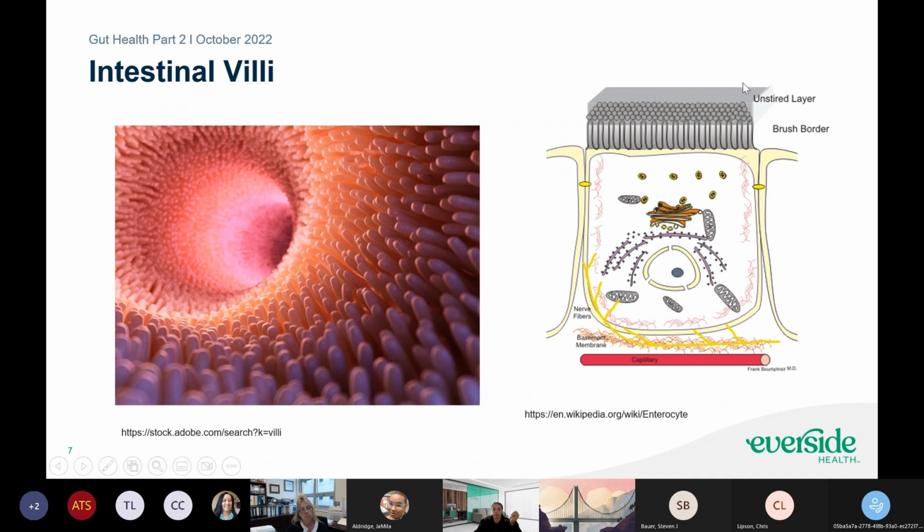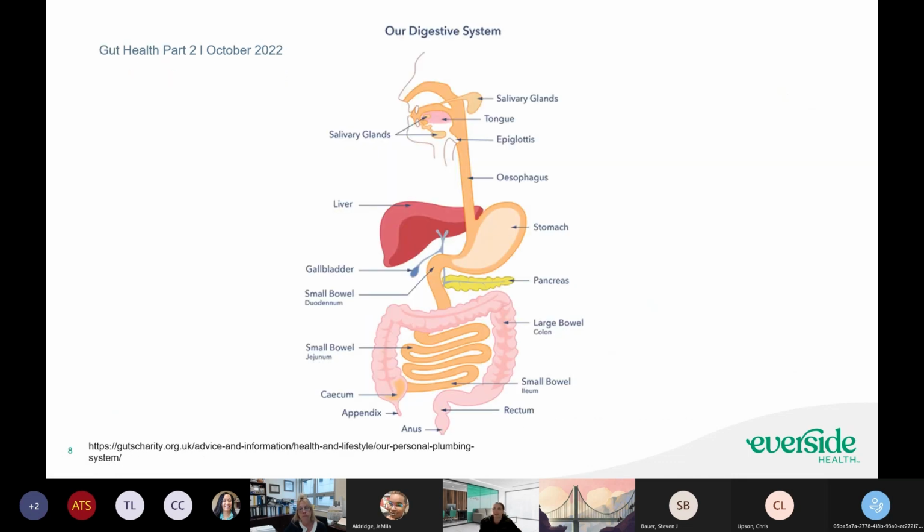You have a mucus layer on top of it that helps keep us from getting sick, because it's binding up some of those pathogens and bad bacteria. And you have really, really tight junction cells. This is one cell, this is the next cell, so they're really close and kind of smushed together. We'll talk about that a little bit more with leaky gut, so we'll come back to that.